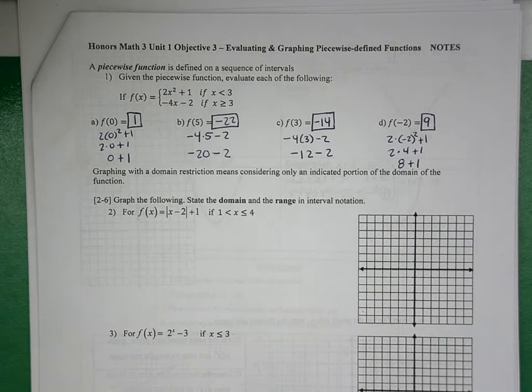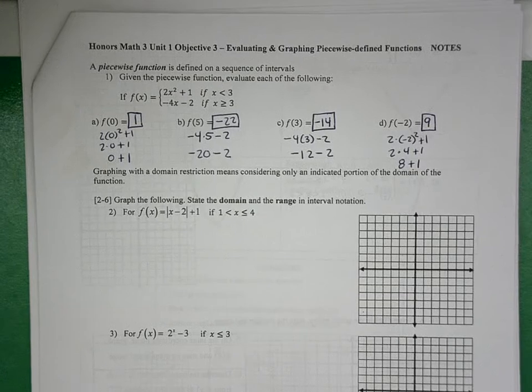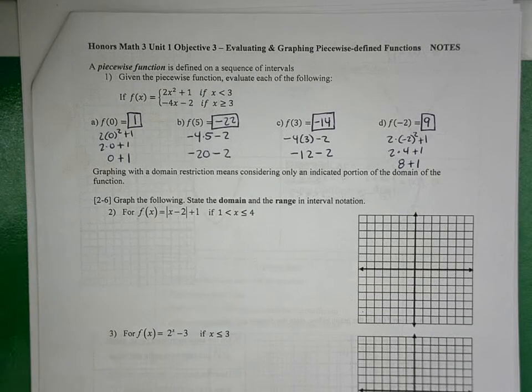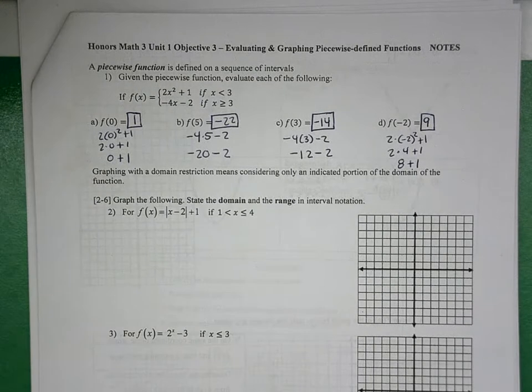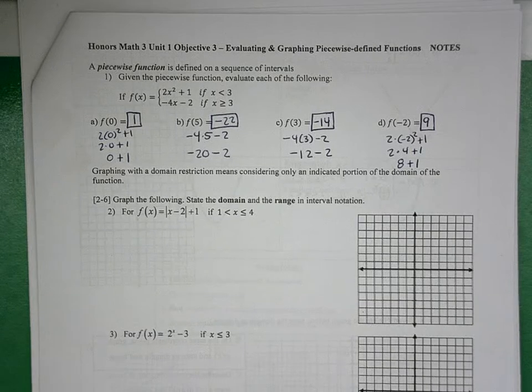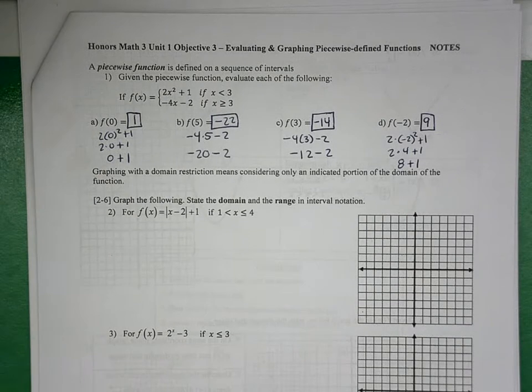Make sure that you're thinking about what should I see on my graph at the end. In this case, this function is an absolute value, so I know it's going to be a v. I also have a positive slope in front of that absolute value, so I know my v is going to face upwards.